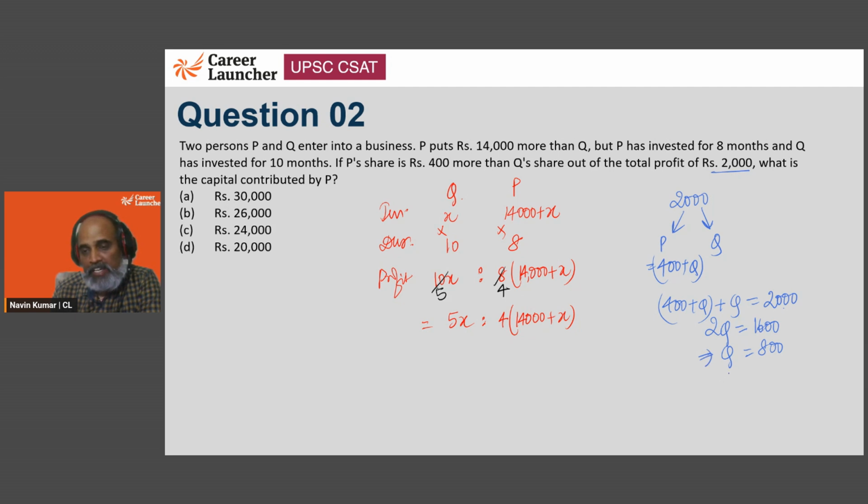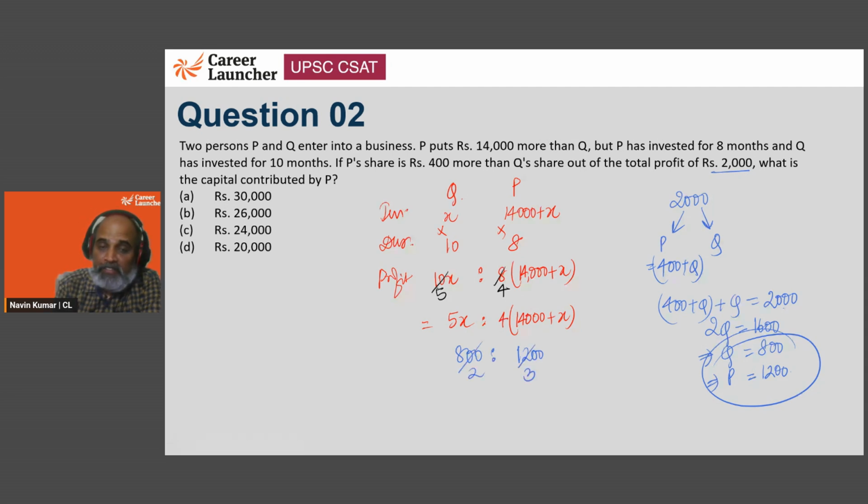If Q's share is 800, P's share is going to be 2,000 minus 800, or we can say 400 plus 800. In either scenario, we will be getting 1,200. So the ratio in which the profits of P and Q are being shared, P's is 1,200 and that of Q is 800, which is nothing but in the ratio of 3:2.